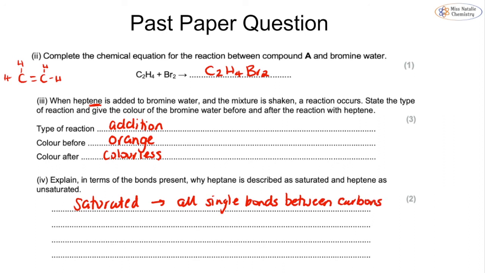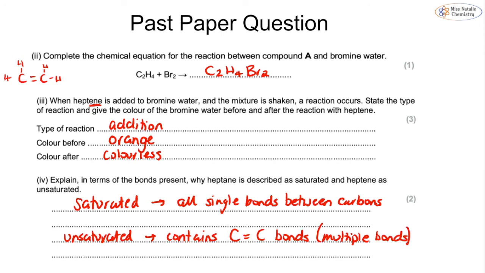Of course, the carbon to hydrogen bonds are single bonds, but it is all single bonds between the carbons. And unsaturated means it contains carbon to carbon double bonds. Okay? Or you can even use the term multiple bonds, meaning we could have double or even triple bonds. So we're stating single bonds only for saturated, double bonds for unsaturated.